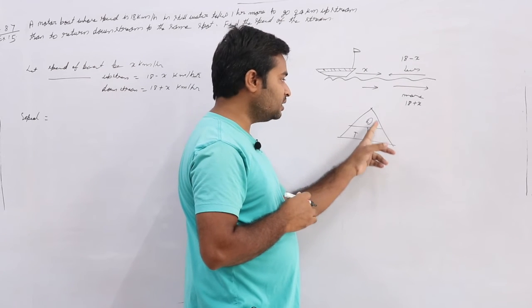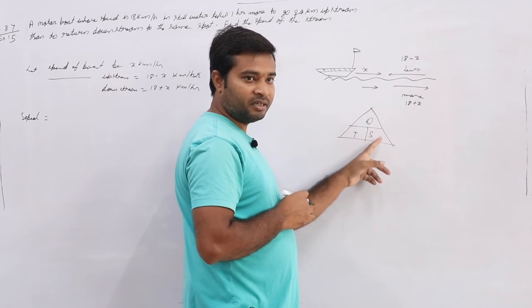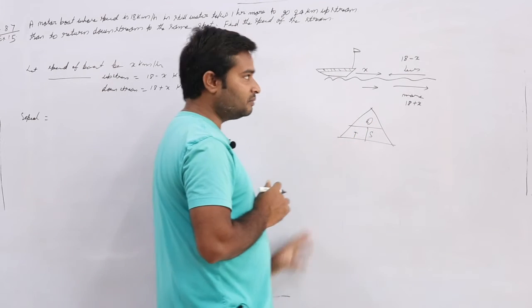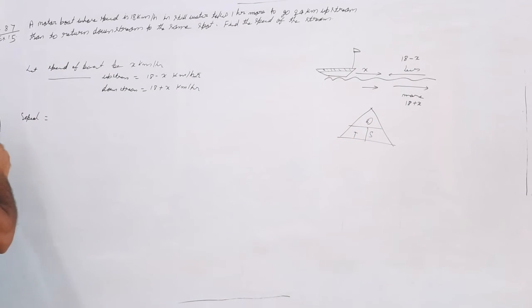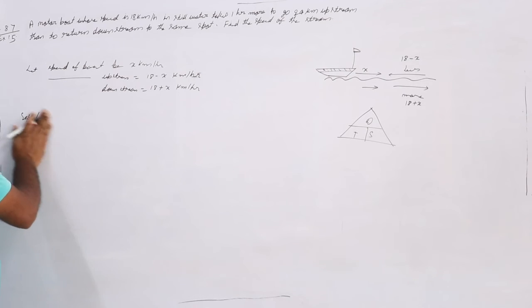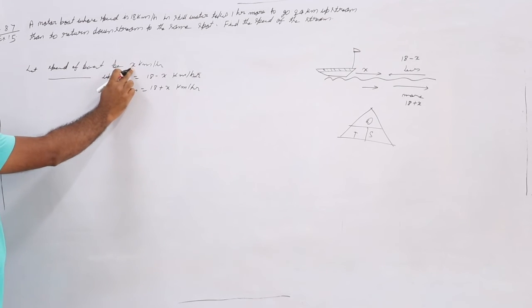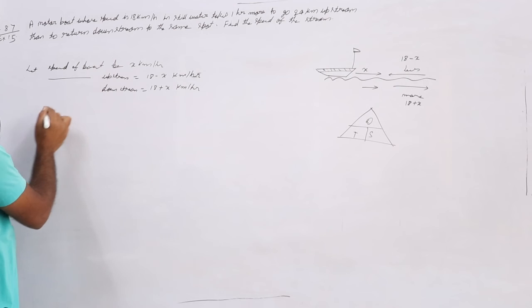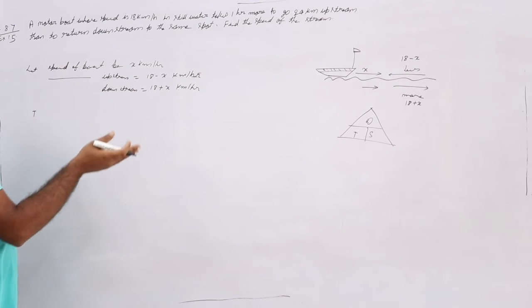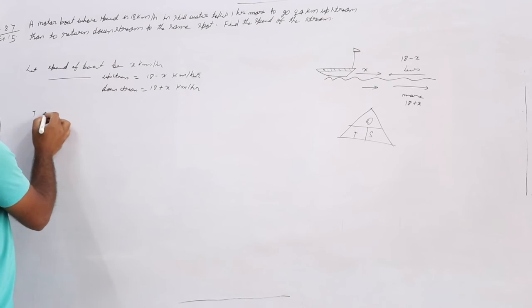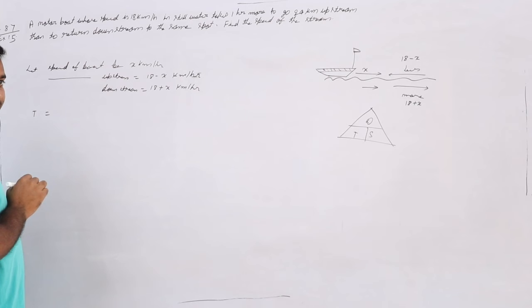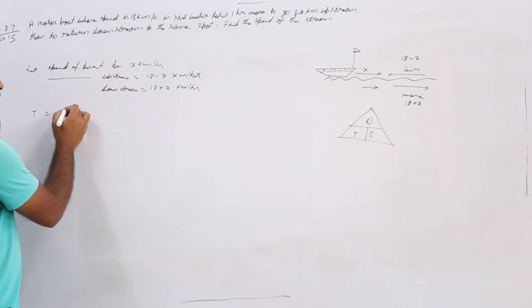So speed is equal to distance by time. We should find the time, since the speed we have assumed. Time in the upstream: time is equal to distance by speed.